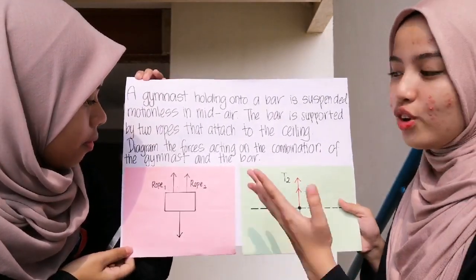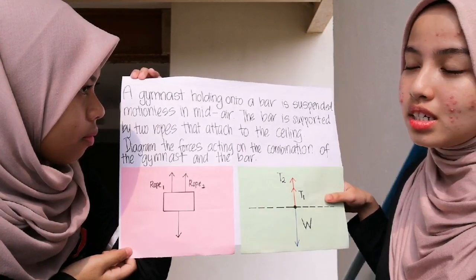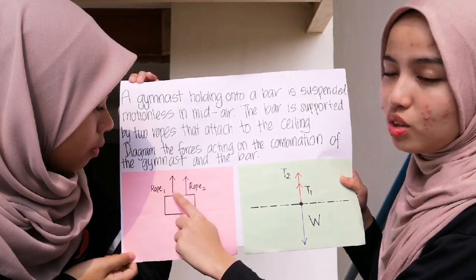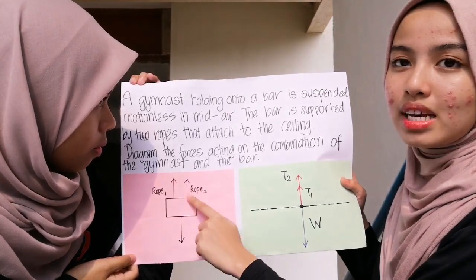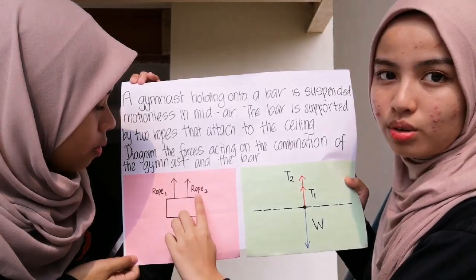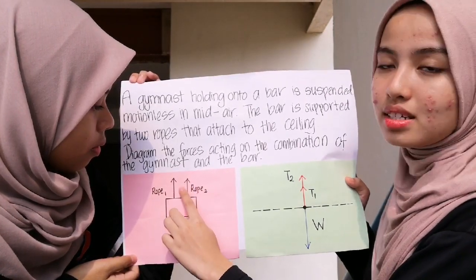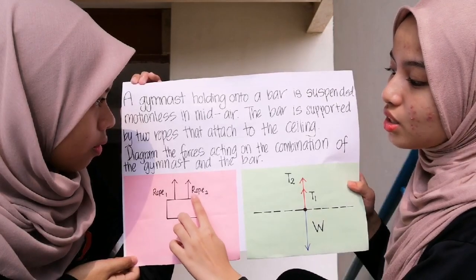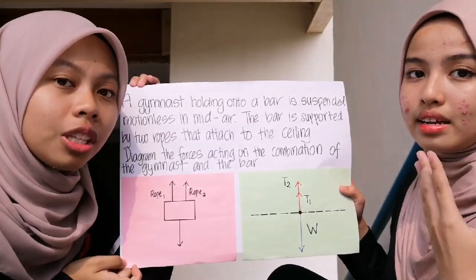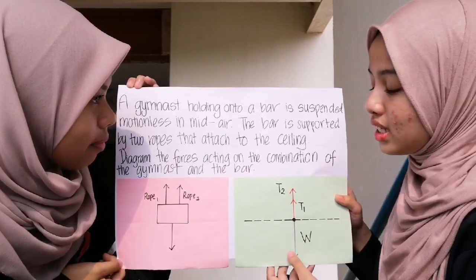If we sketch the diagram, it will be like this. The rectangular shape represents the gymnast, and the two arrows represent the ropes, rope 1 and rope 2, that are attached to the ceiling.